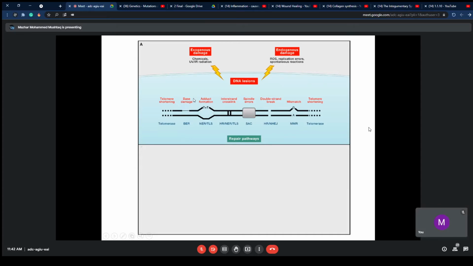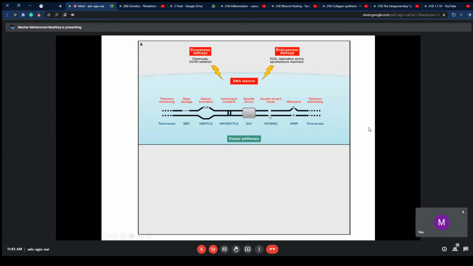Similarly, there can be a base problem, again telomeric shortening. So all these things are going to be affected by the exogenous and endogenous damage, and the ultimate result is that the repair pathway is not efficient enough to repair all these.